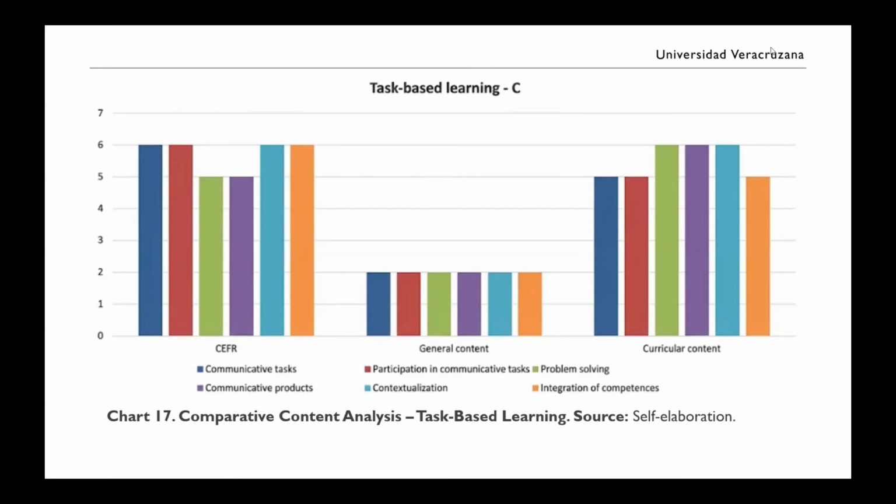We have a larger appearance of the principles of, in this case, task-based learning in the curricular content, which is the explanation of what students have to do in class. But in the general content, which is the epistemological basis of the English program, the number of mentions is lower.